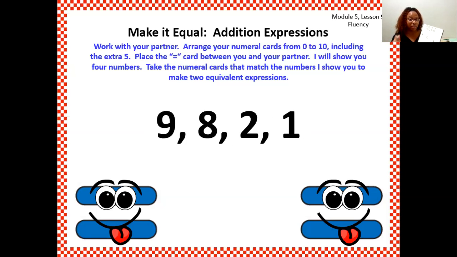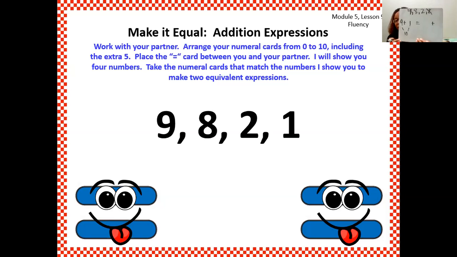My first expression is going to be 9 plus 1. Can you tell me, what is 9 plus 1? It's 10. So I'm going to go ahead and write that there because that tells me that my other side also has to equal 10. And don't forget to cross off the numbers up here so you know not to use them again.